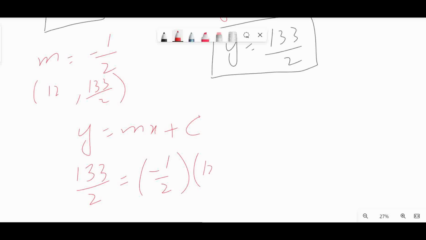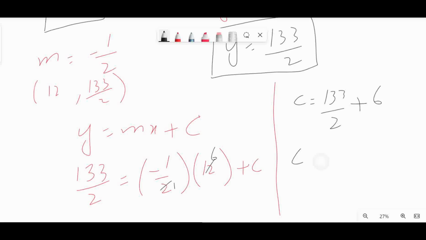If we rearrange it, we can cancel these two here: 2 ones are 2, 6 twos are 12, so this will be minus 6. Just shift it to the other side, so c will be equal to 133 by 2 plus 6.